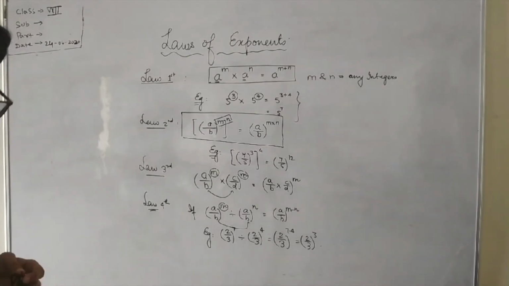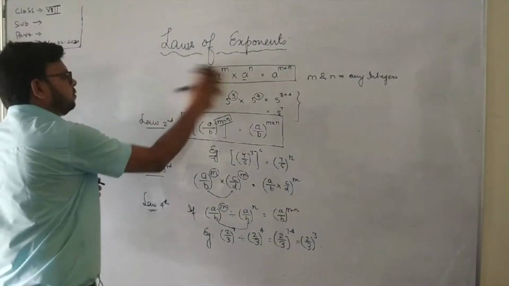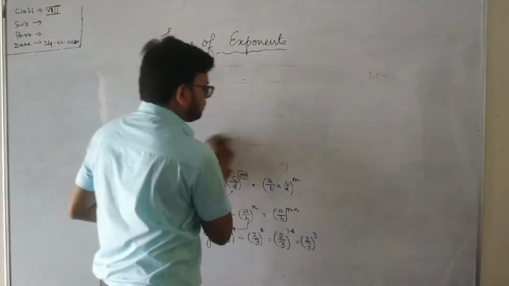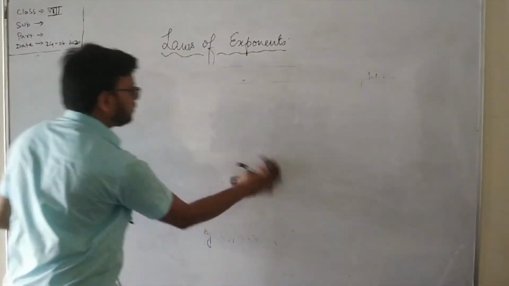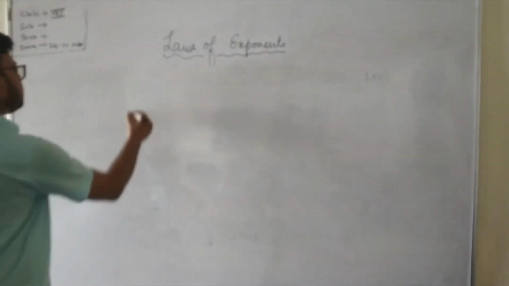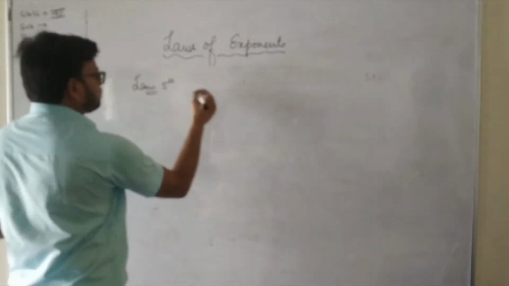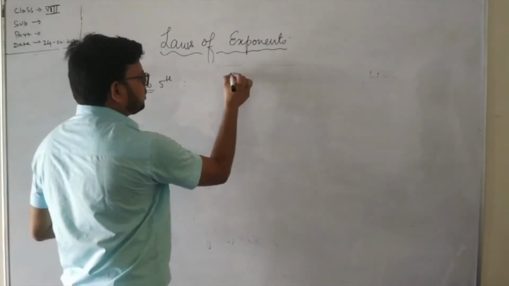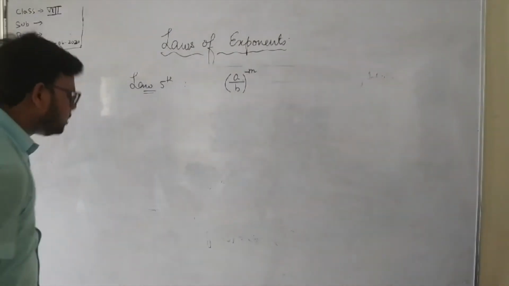Now the fifth one. The fifth law says: (a by b) to the power minus m equals (b by a) to the power m.